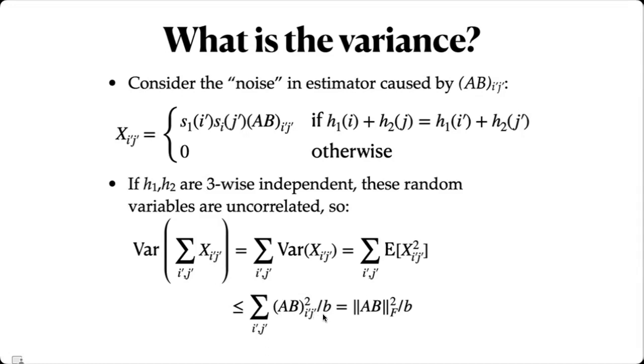Divided by b is because there's only a probability 1 over b that we get this contribution, and squared is because the variance is just the expectation of the noise squared. Another way of writing this is that the variance is the Frobenius norm of the matrix product divided by b. So if we can bound the Frobenius norm and choose b suitably large, we can control the variance.